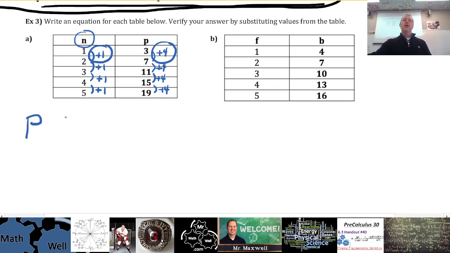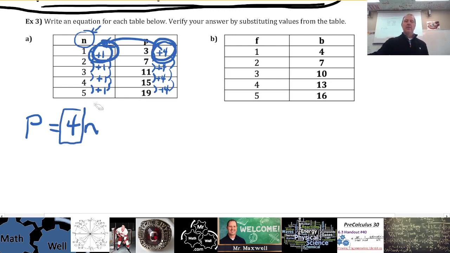So p would equal, this is going to be 4 over 1, or just 4n. Okay, that's where we start in building our equation. So again, if all these numbers are plus 4, plus 4, plus 4, plus 4, they're all the same. They don't have to be 4, but they have to be the same as each other. And these ones are all the same. Then we can do this number divided by this number, and that's going to be the number that multiplies by our independent variable.